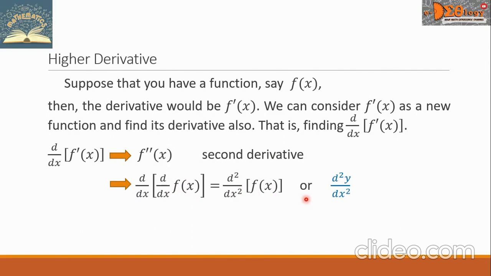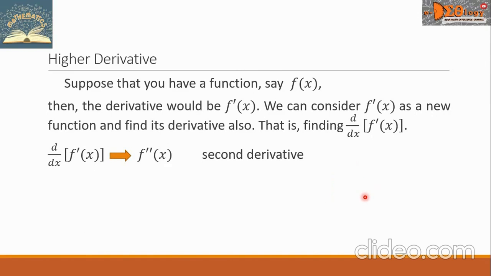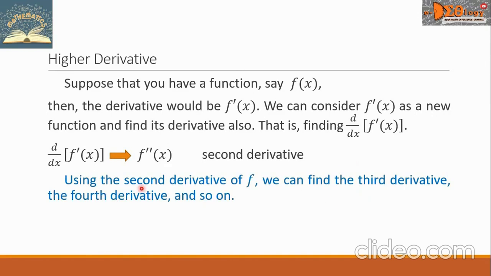Or if the function is given as y, this is one of the most popular notations for the second derivative, and this is d square y all over dx square. Using the second derivative of f, we can find the third derivative, the fourth derivative, and so on.